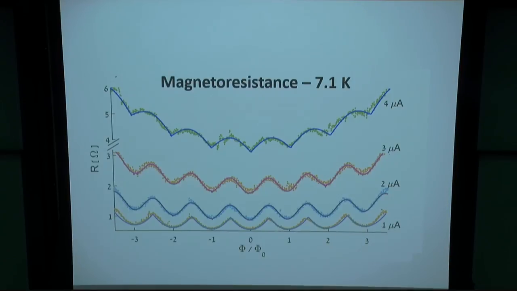And actually, the solid lines that you see here are just, I don't want to say fits, but just taking the same equations that you saw for the Little-Parks and for the sine behavior and for the SQUID, and adding, of course, an H squared term, which you need to add because of these arms that you have in the system.